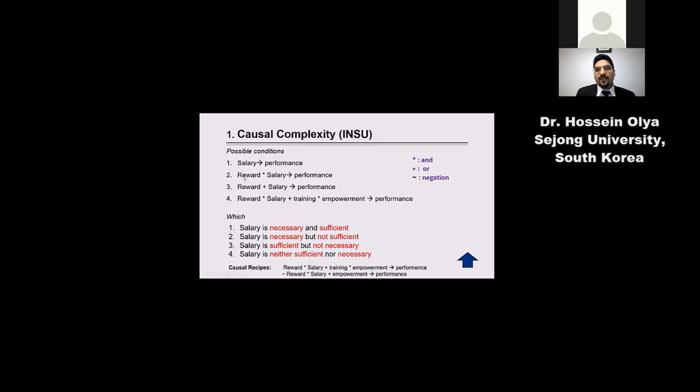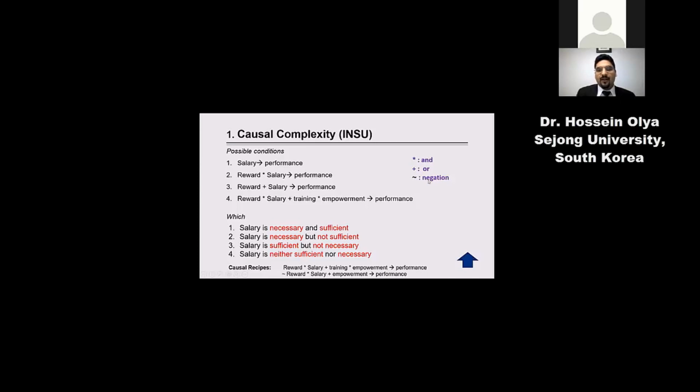In the second option, look at the second condition. If you want to have performance, you should have a reward system and salary. In this methodology, we use a star as the symbol of AND. We translate this as AND, plus as OR, and this symbol as negation.